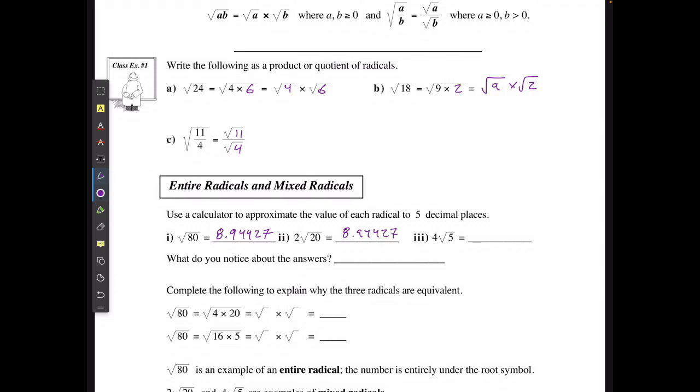And conveniently enough, if I plug into my calculator 4 times the square root of 5, I get 8.94427. What do you notice about the answers? They're all the same. This is 3 different ways of representing the same radical.